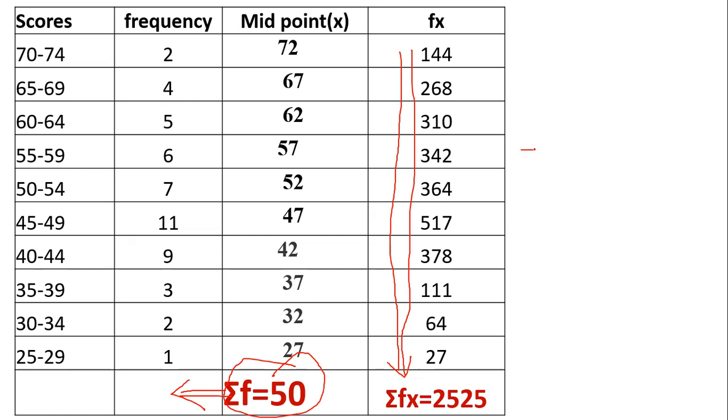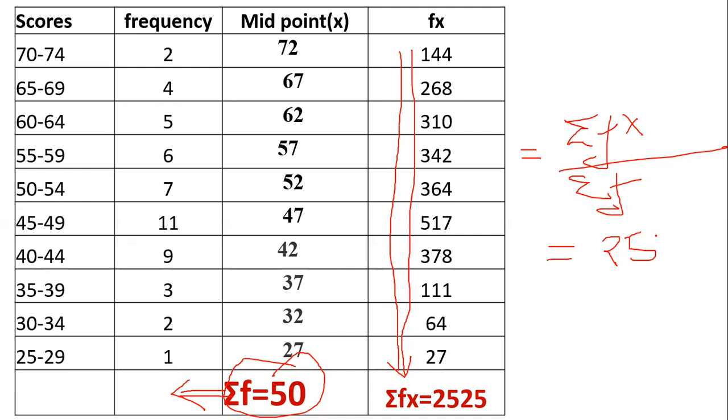So we are going to get now the mean equals the summation of fx over the summation of f, that is, the frequency. So this one will be 2,525 over 50.